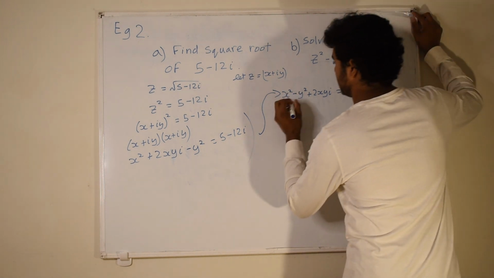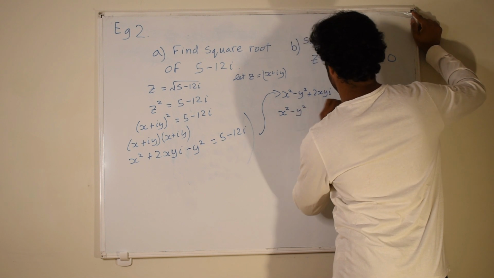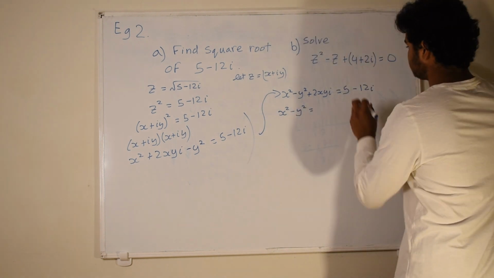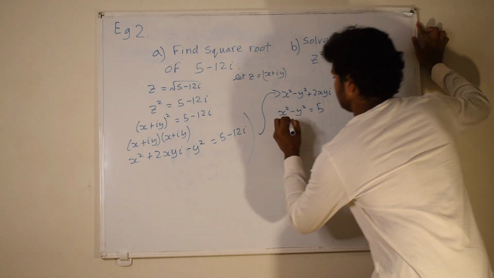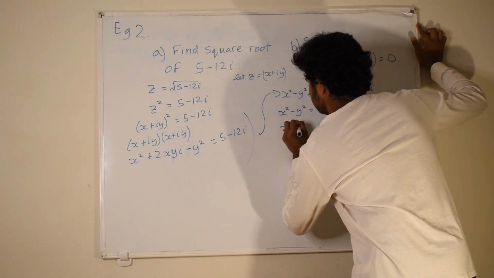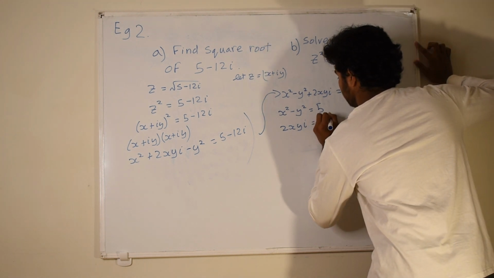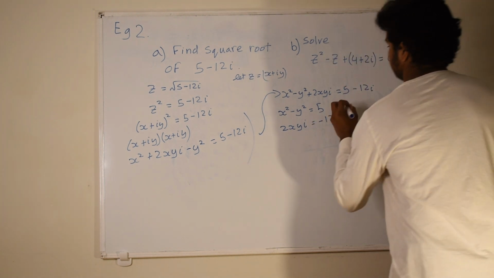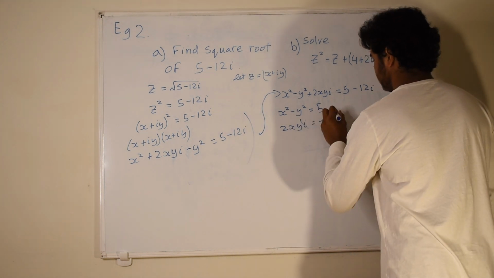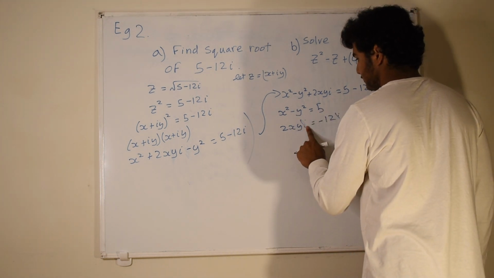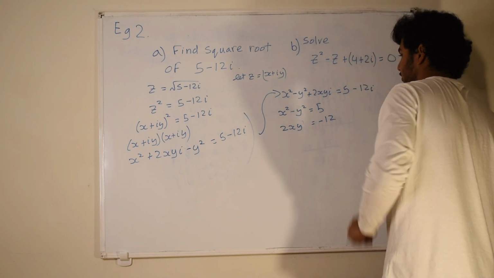So we can rewrite this as x squared minus y squared equals 5, and 2xyi equals negative 12i. The i cancels out, so that becomes 2xy equals negative 12.